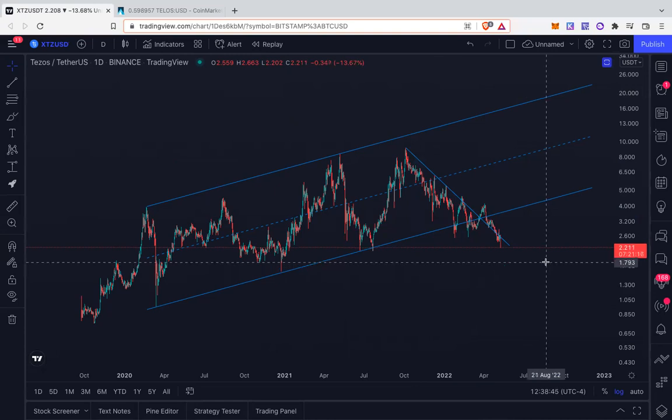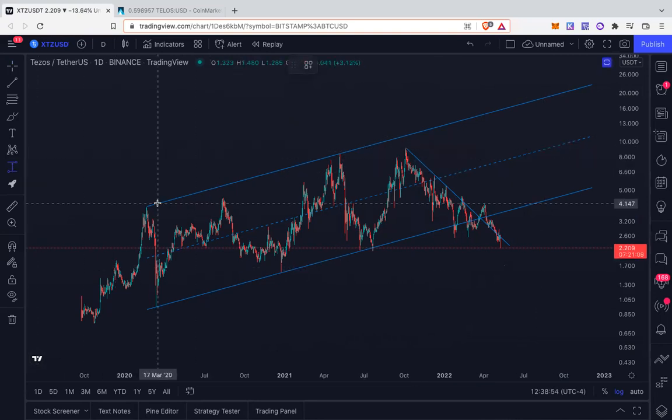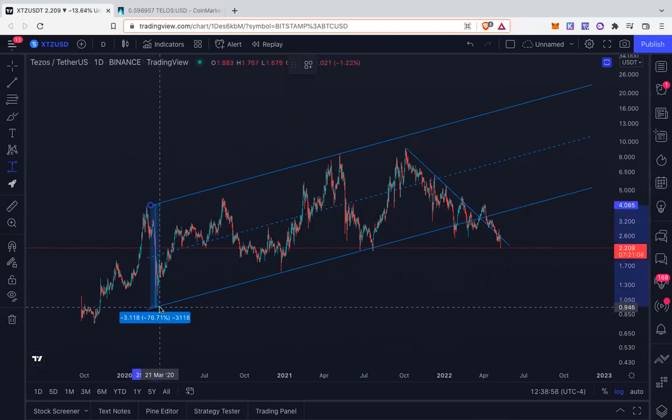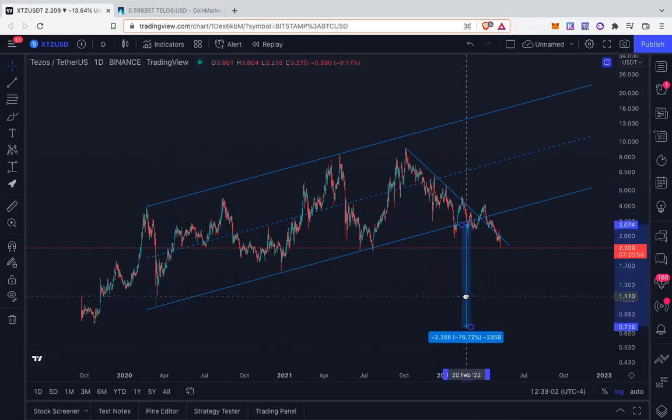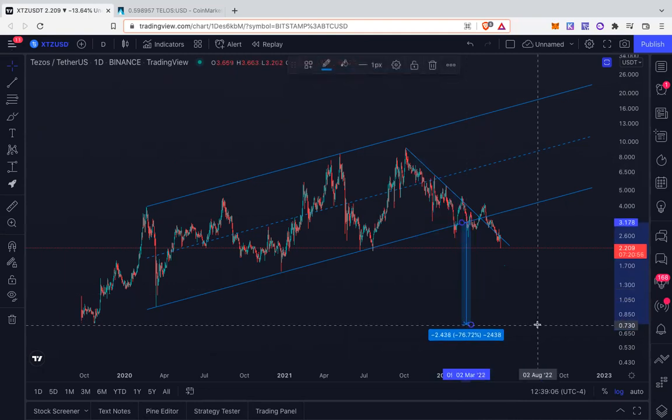And it lines up with this support here around the 180 area. But there's a bigger move before you potentially bottom out with Tezos, or XTZ, all the way down to 73 cents, just because of the pattern.